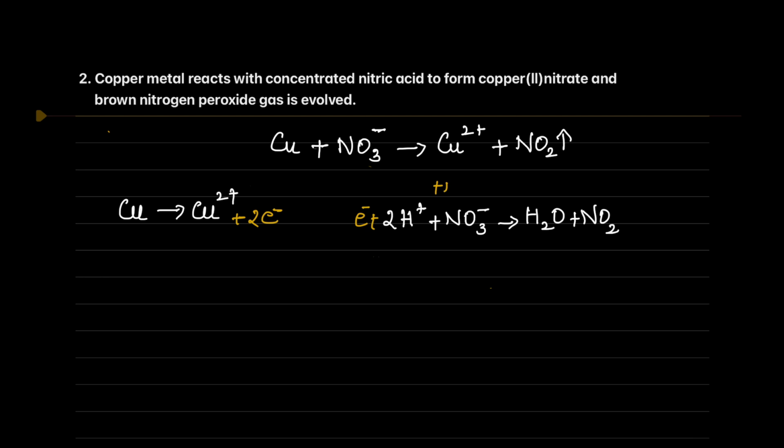To equalize the number of electrons, either one of the half equations or both the half equations are to be multiplied by appropriate numbers and then added. Here, the second half equation is to be multiplied by 2, since there are 2 electrons on the right side of the first half equation.